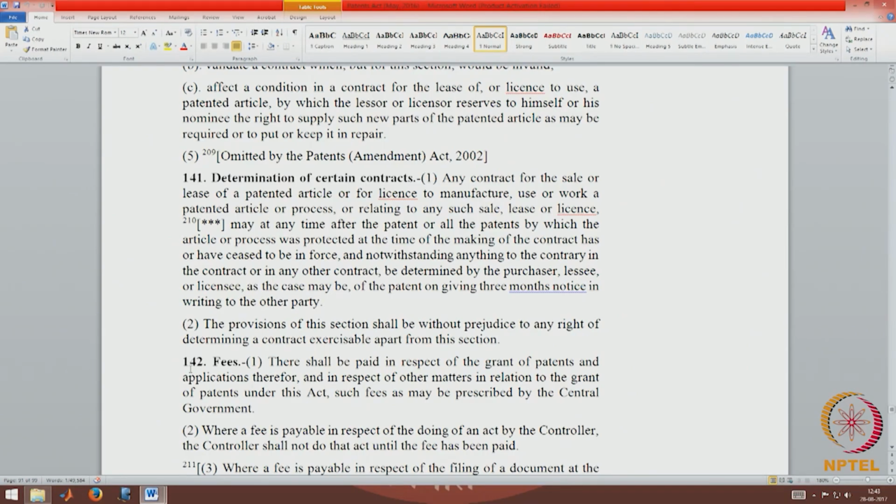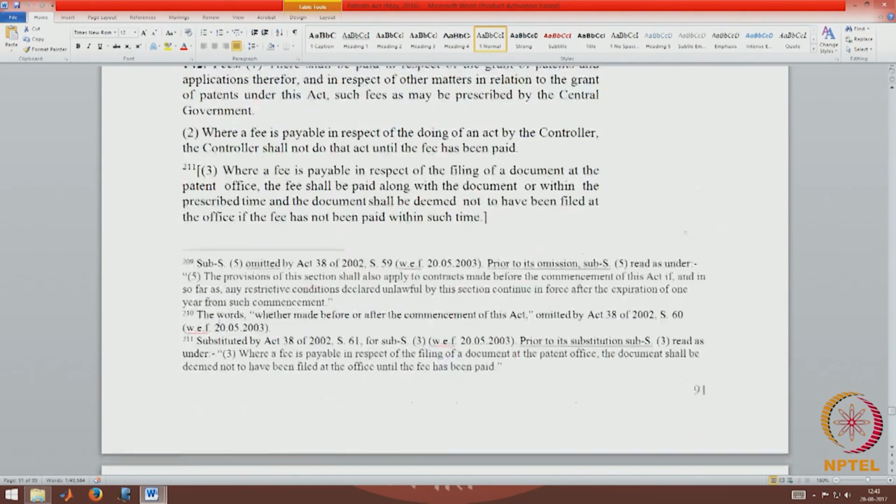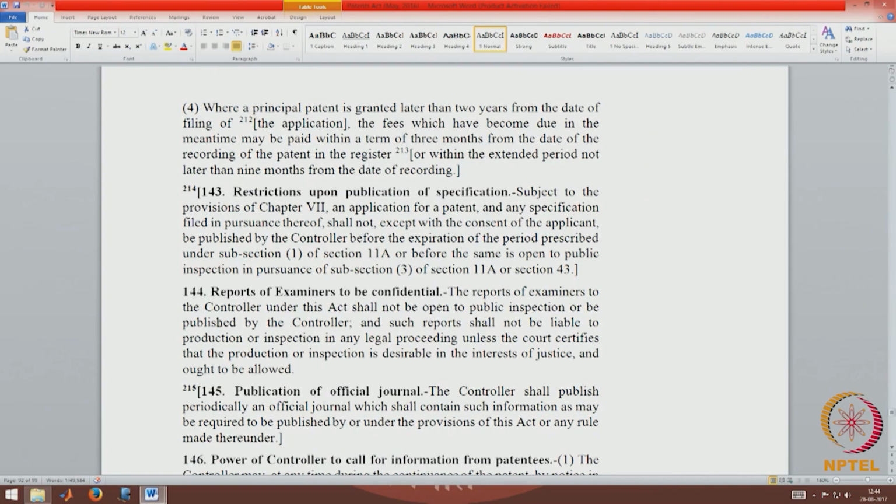If the patent has expired, then there is no need to honor that contract. It is open for a licensee to give 3 months notice in writing and terminate the contract. Section 142 deals with fees. Section 143 deals with restriction upon publication of specification.